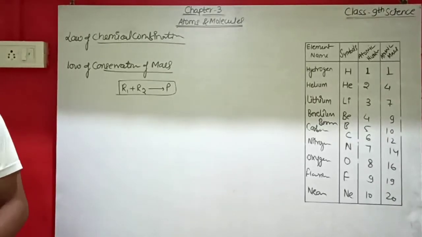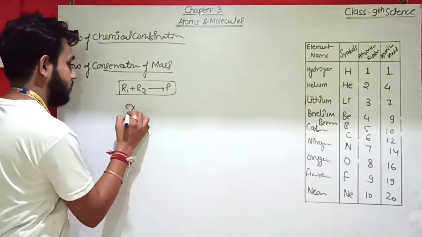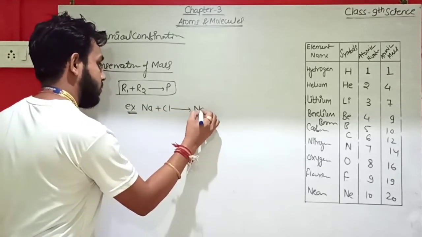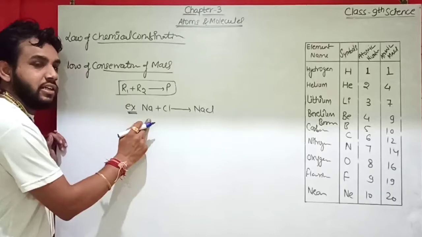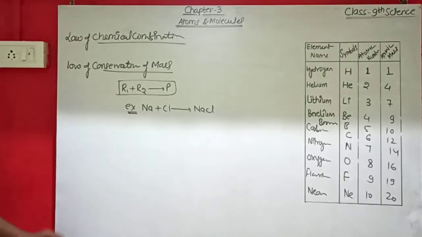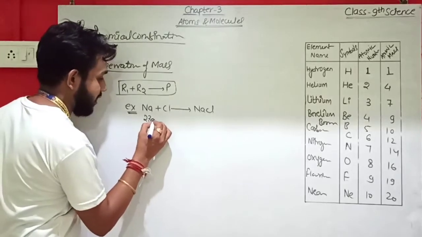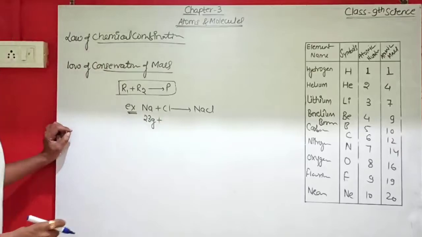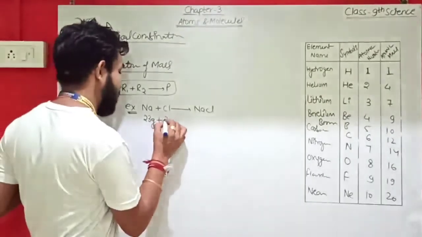For example, this is reactant R1 plus R2. What is the atomic mass of sodium? That is 23 gram, and chlorine is 35.5.